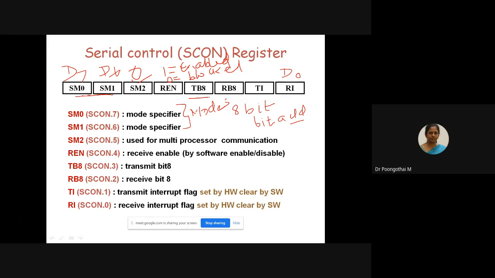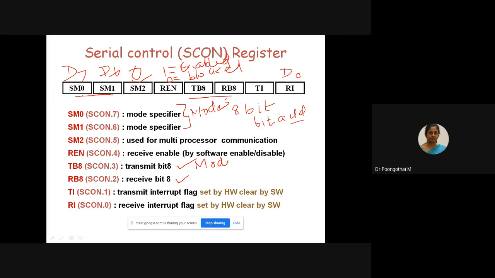Next, these two bits are very important, TB8 and RB8. TB8 is transmit bit 8 and RB8 is receive bit 8. TB8 holds bit 8 of transmitted data in mode 2 and 3.